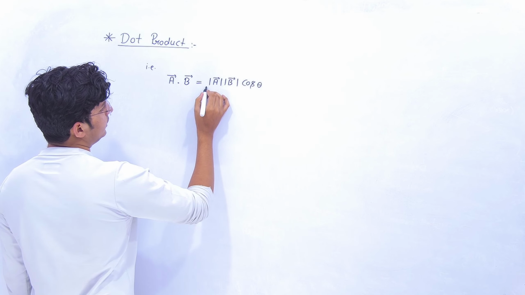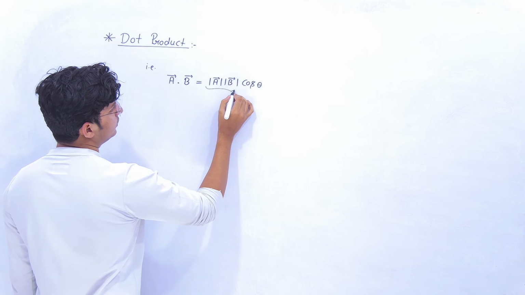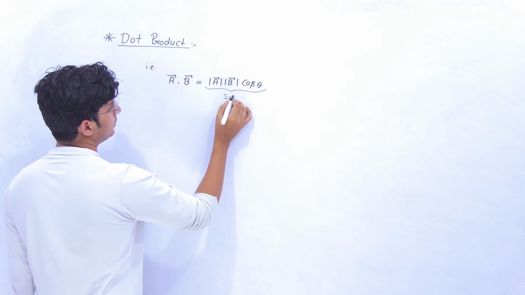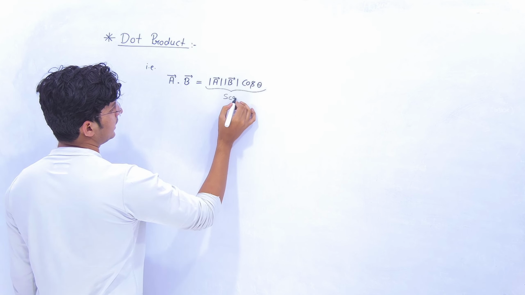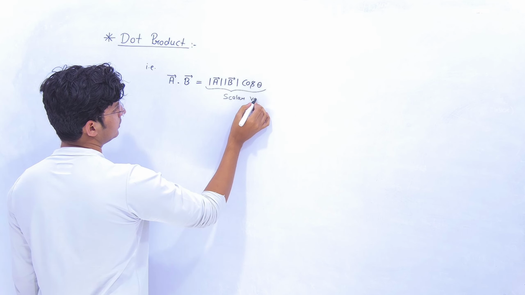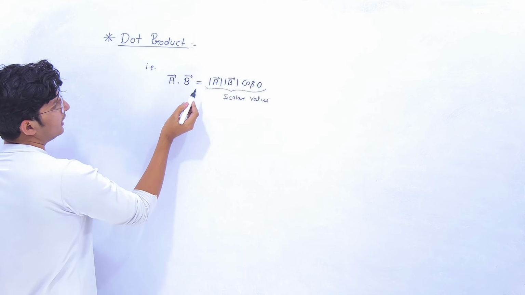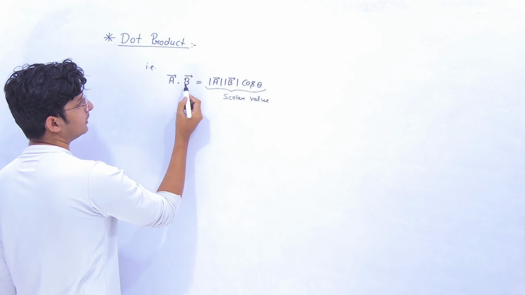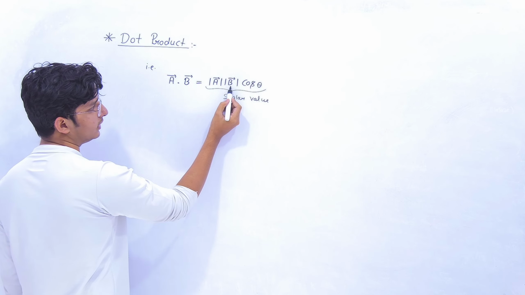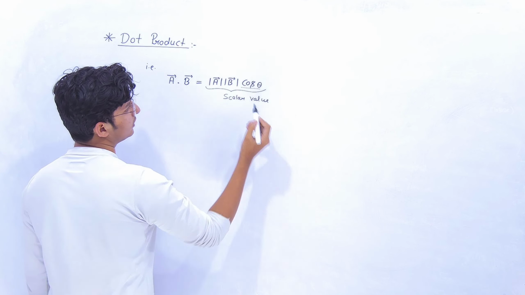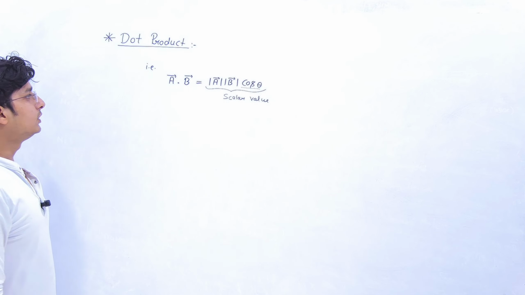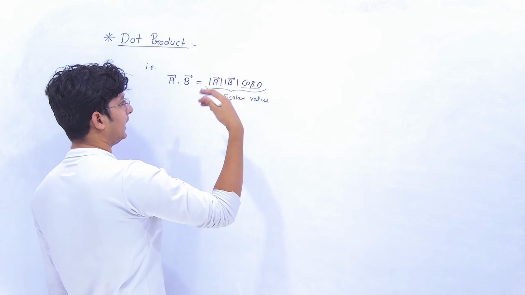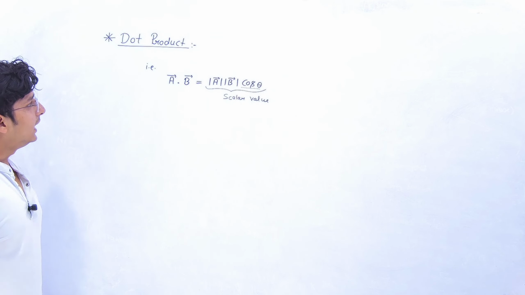Let's look at this value. This whole value is a scalar value, because the magnitude of a vector is also a scalar number. The magnitude of b vector is also a scalar number, and cos theta is also a scalar value. So the whole value we get is a scalar value.